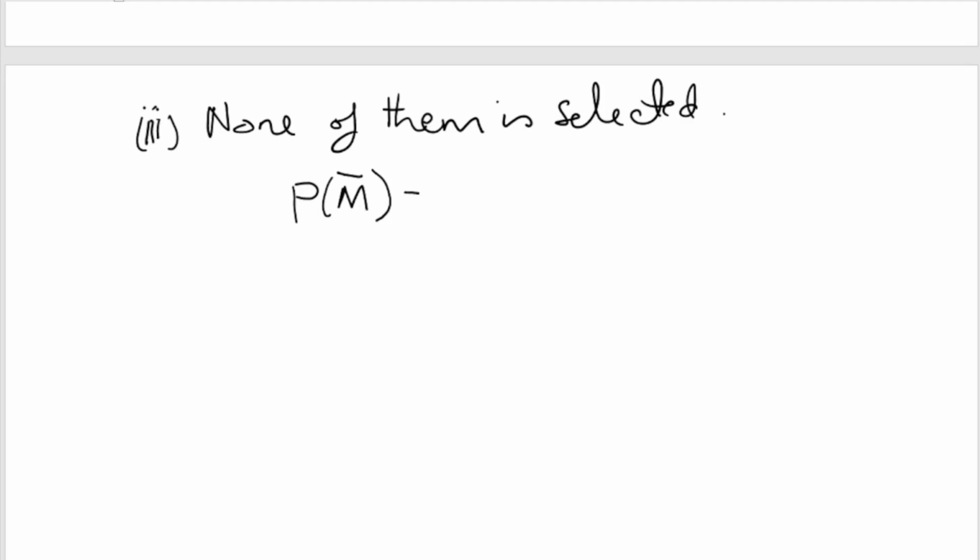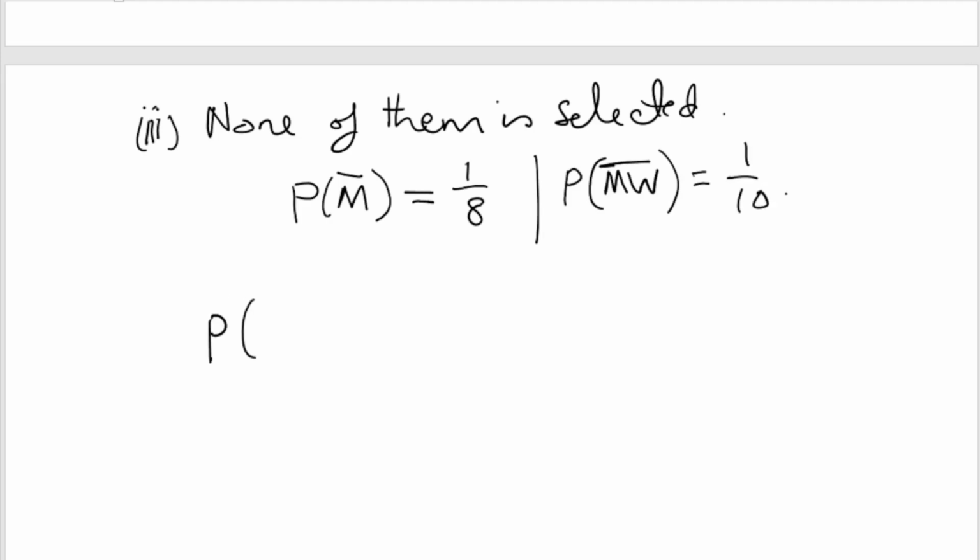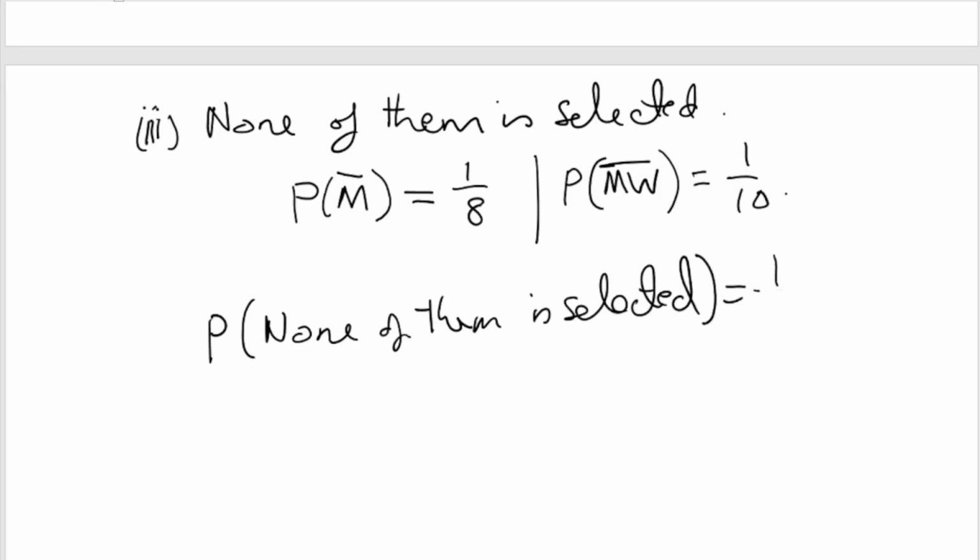For Mutola, it's 1/8. And for Mwambi, the probability of not being selected is equal to 1/10. And so the probability that none of them is selected is 1/8 multiplied by 1/10. This gives us 1 out of 80, and that is our probability.